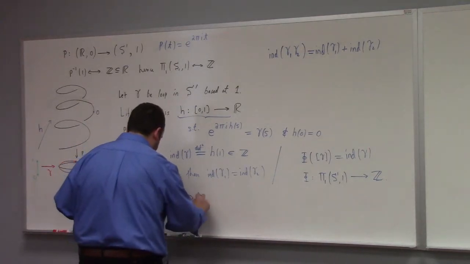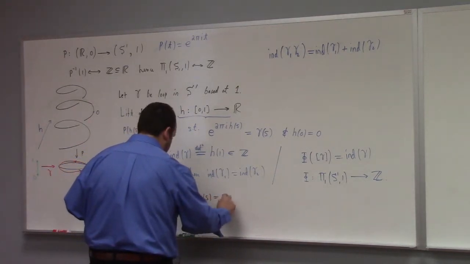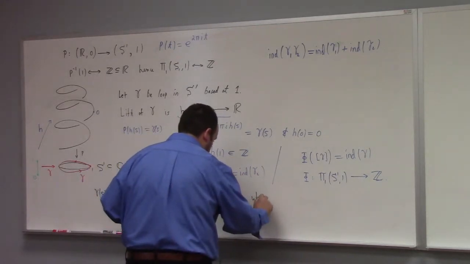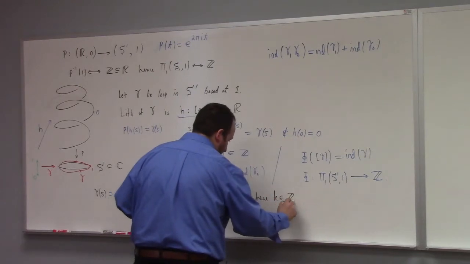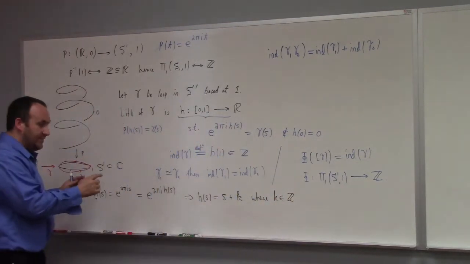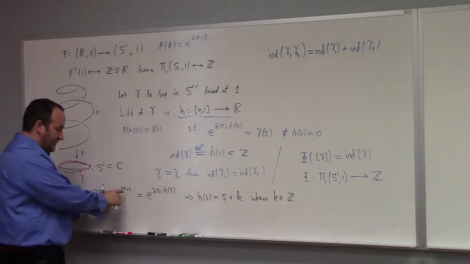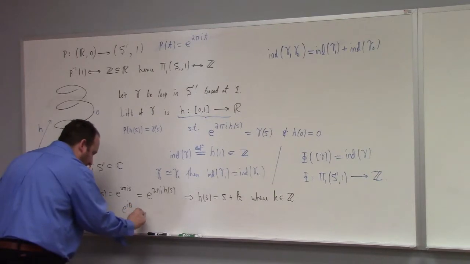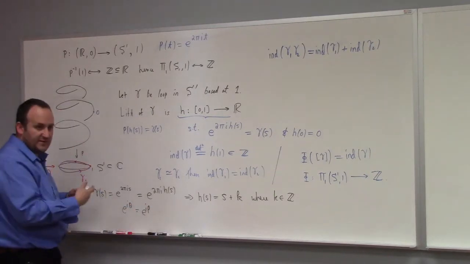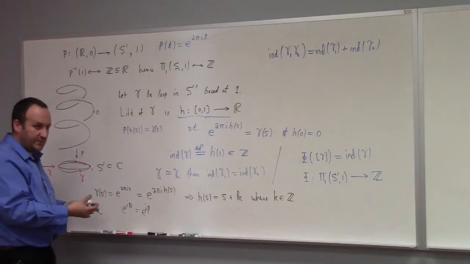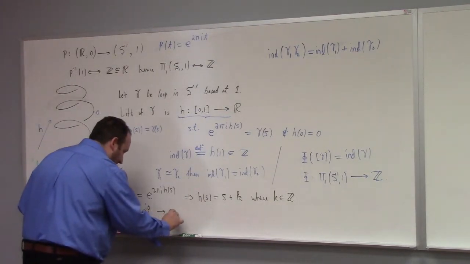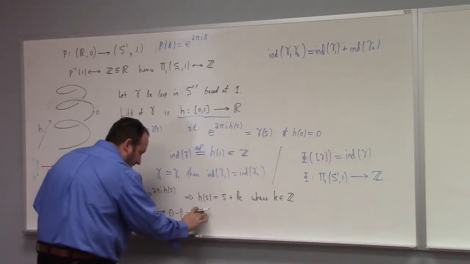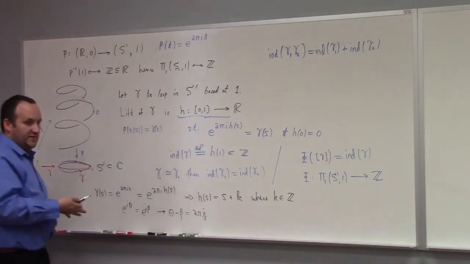That says that h of s is equal to s plus some integer k, where k is an integer. That's just by the 2 pi periodicity of the exponential function. If you have e to the i theta equal to e to the i beta, because sine and cosine are building the imaginary exponential, that means that theta minus beta is equal to 2 pi j, let's say, for some integer j.